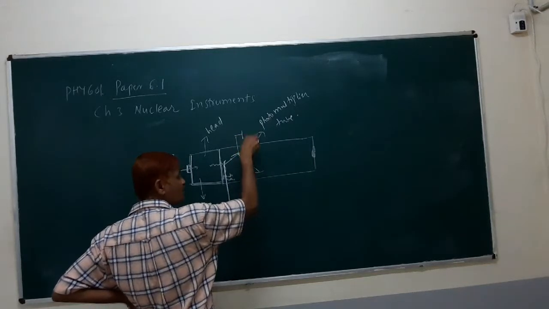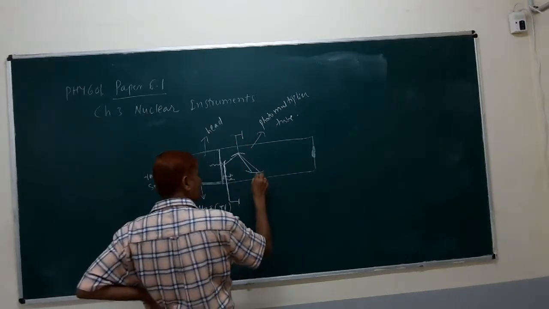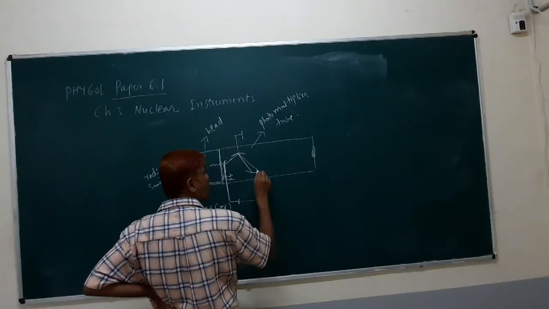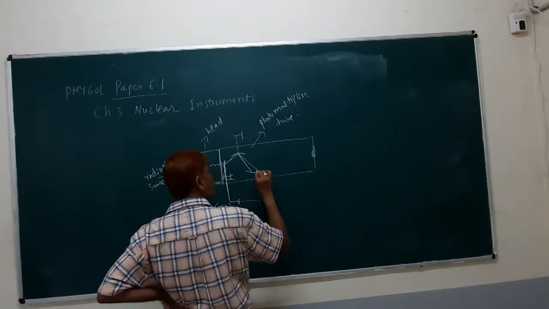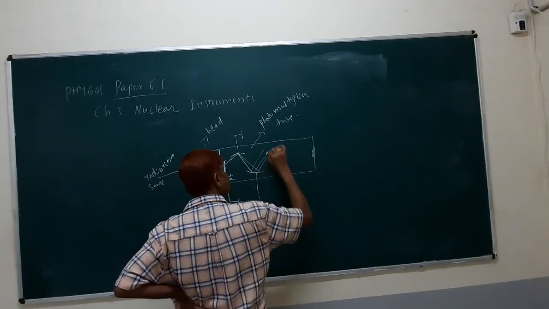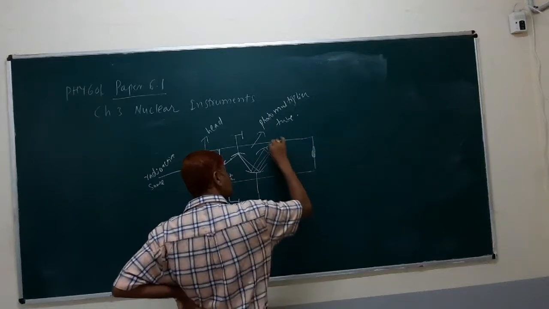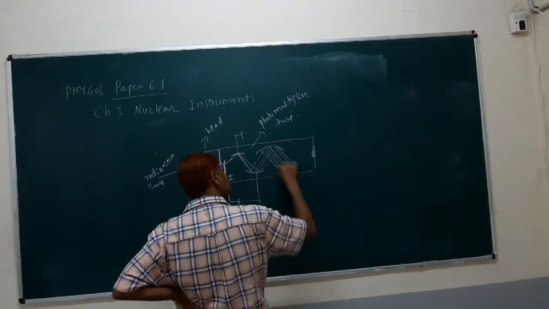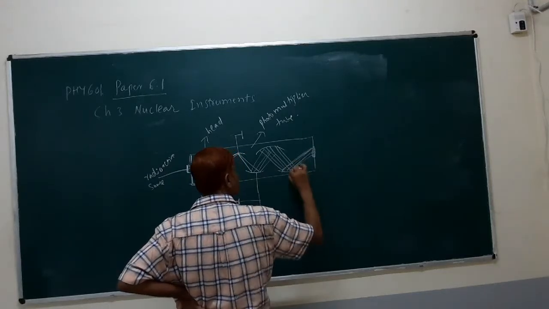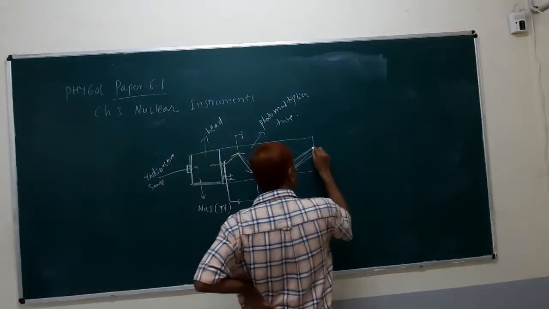All photocathodes are connected to negative, and each has a lower work function than the previous one. The number goes on increasing. And again we have a photocathode. These numbers are increasing, and a bunch of electrons are produced.